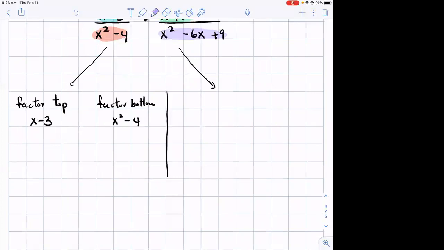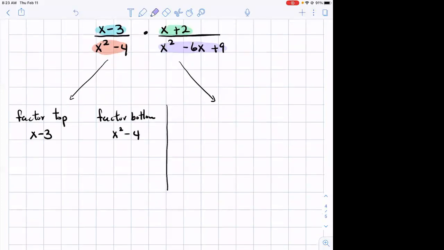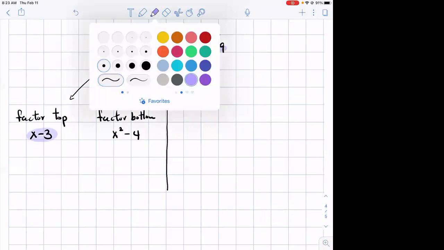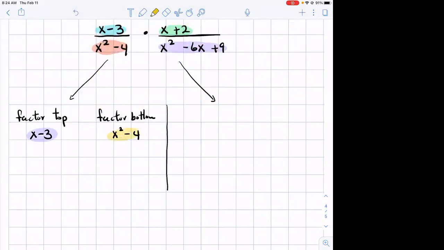Well, there is no GCF here, so the top cannot be factored. But this one can be factored because it's the same as x squared minus 2 squared, which is x minus 2 times x plus 2. Difference of squares.